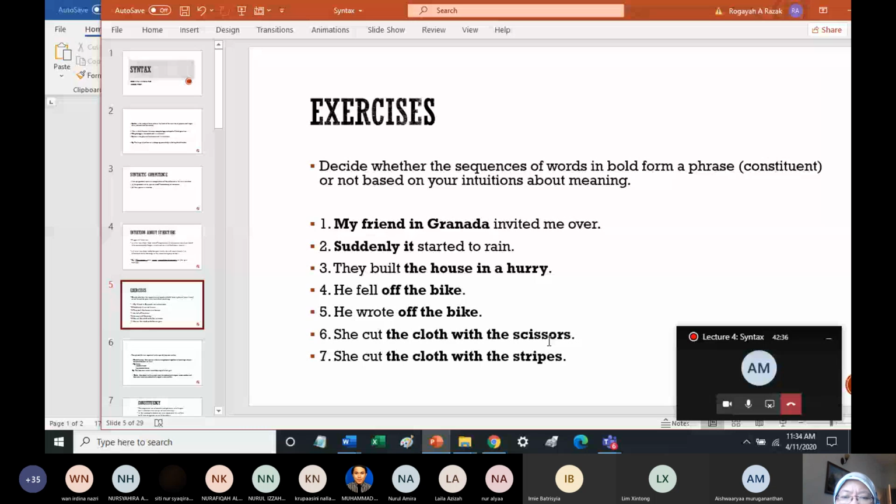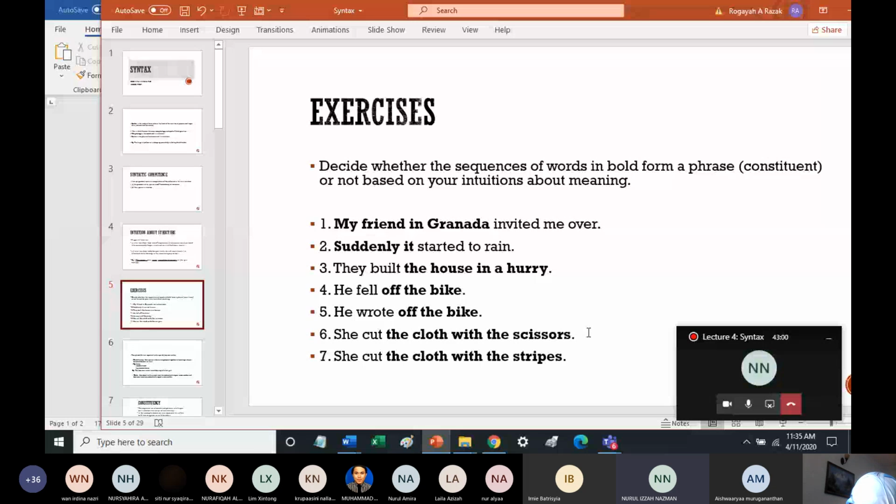Anyone else have any opinion about this? Can I try, Doctor? And you are? Iza. Nurul Iza. All right.